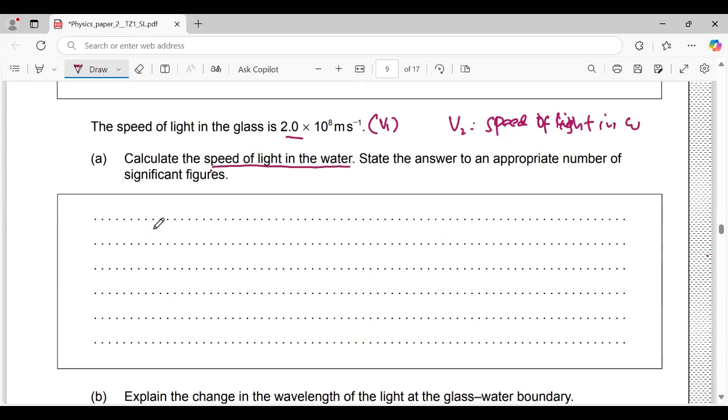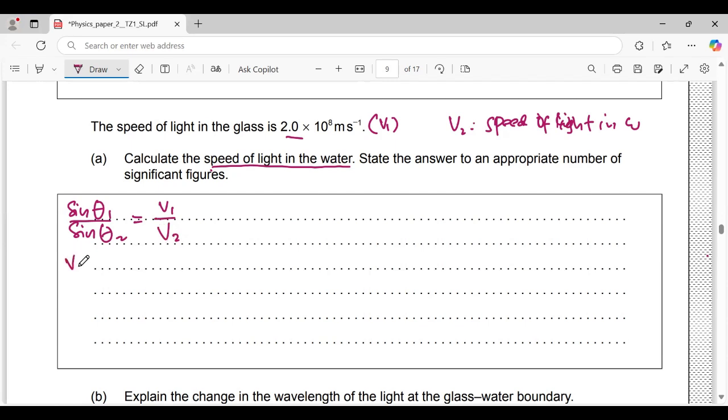This is V2. According to Snell's law, sine theta 1 over sine theta 2 equal V1 over V2.